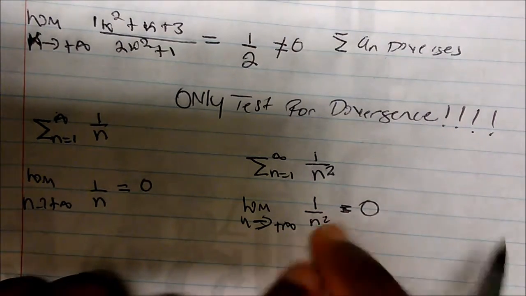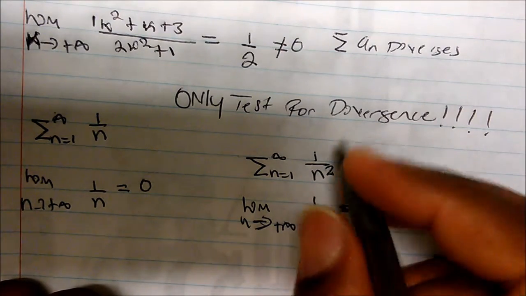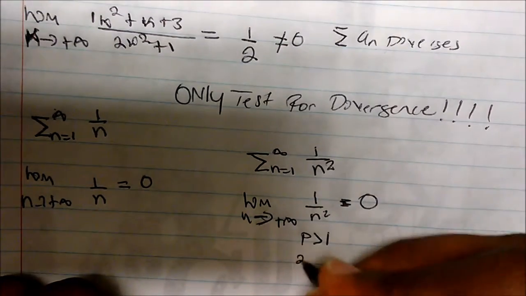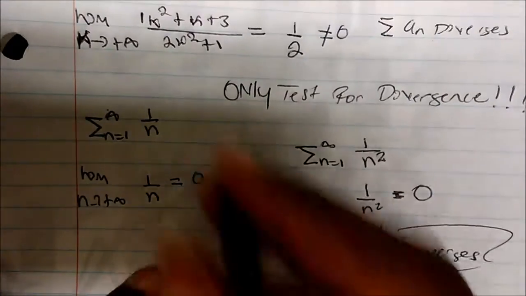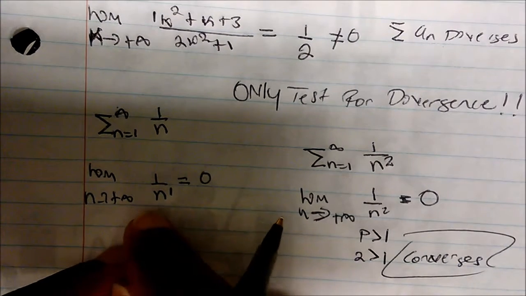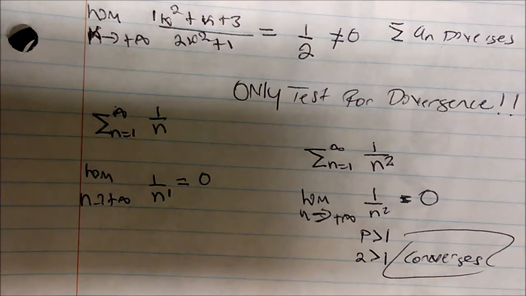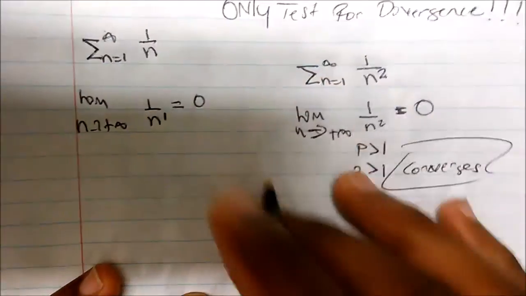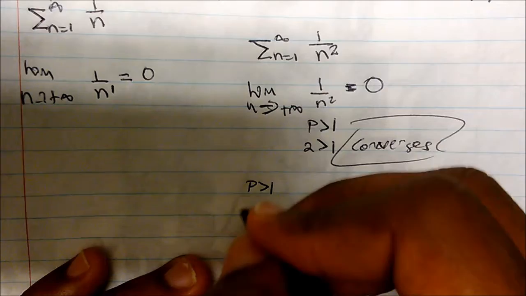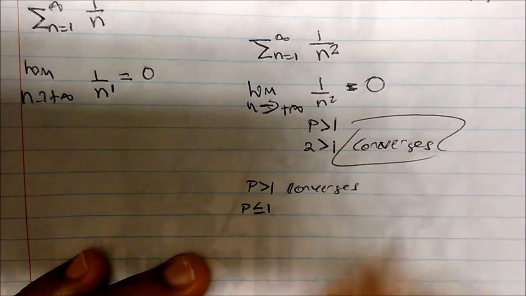But in fact, this is a p-series. The p-series tells us that if p is strictly greater than 1, then the series converges.